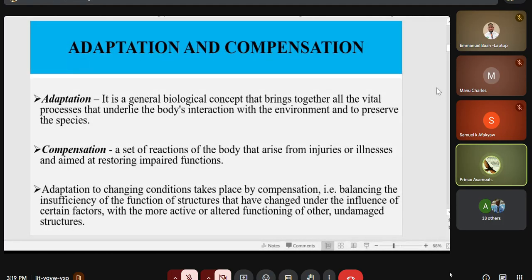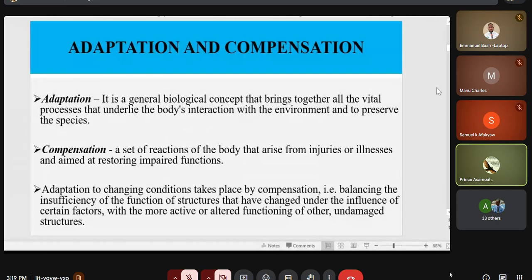If the cells are not injured yet, but it is preserving with all its might the life that is within it, so that it makes sure the cell does not die, that process or concept is called cell adaptation.